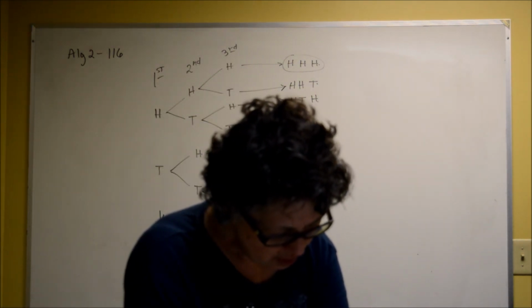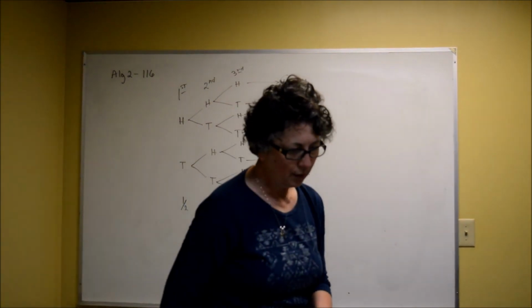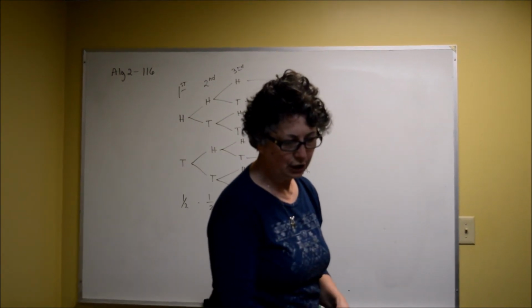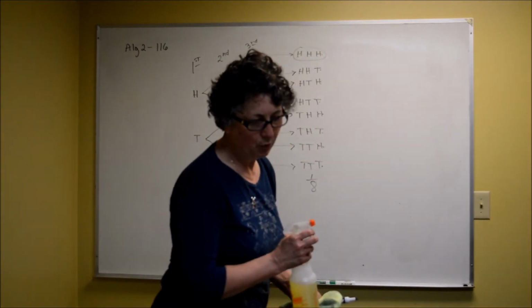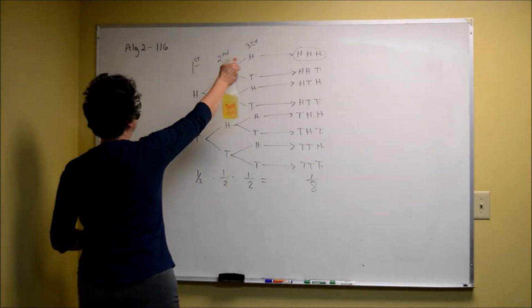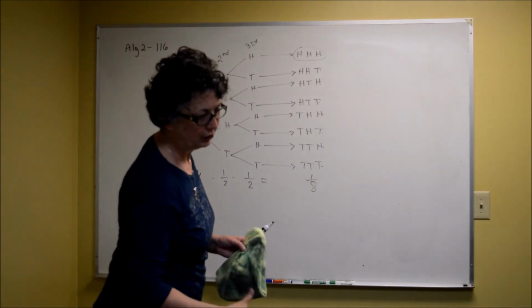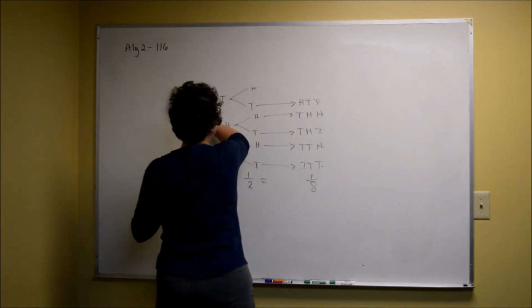So let's look at a practice problem here. A: there's 3 chairs in a row. There are 7 students. How many ways can these students sit in the 3 chairs? So not everybody's going to be able to sit because I only have 3 chairs.